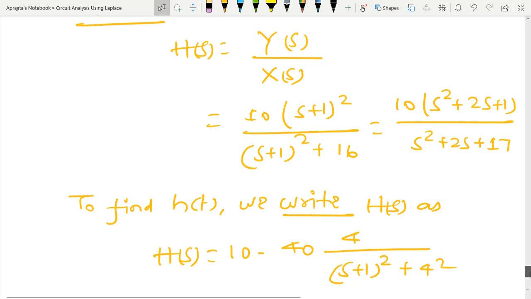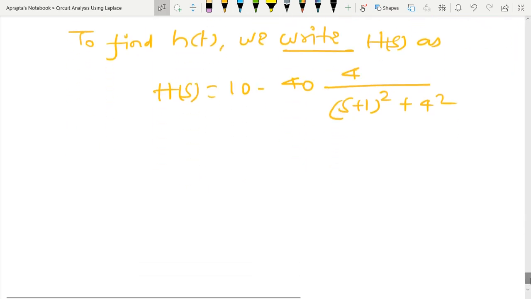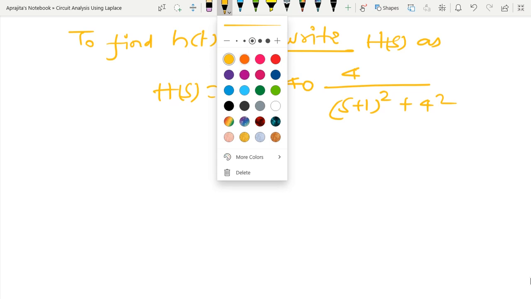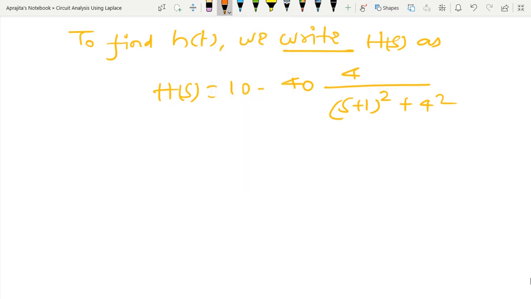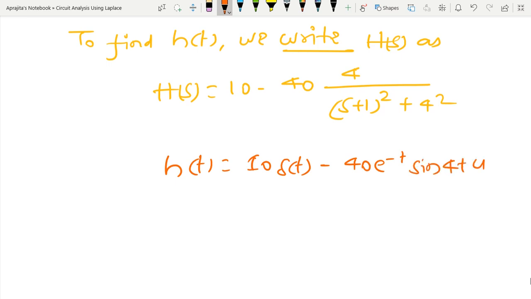After decomposing it, we are going to use the table, from what we discussed in the last class. I can write like this: 10, and here I have nothing, so the delta will come into the picture, and here e to the power minus t sin 4t into u(t).